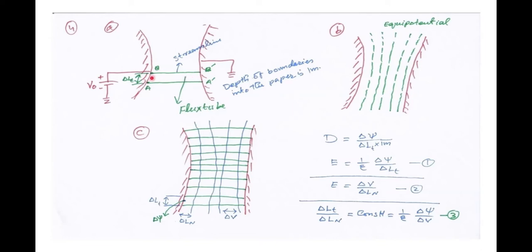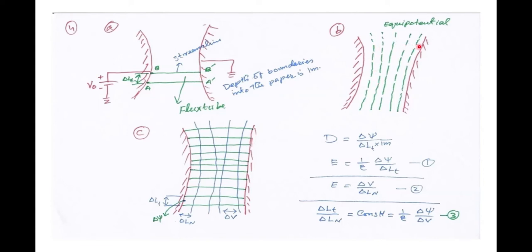This is known as a flux tube. Along the boundary, we have flux tubes which start from the high equipotential conducting boundary and terminate on the low equipotential conducting boundary.